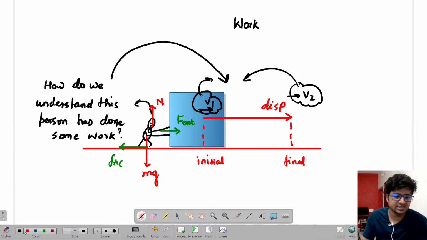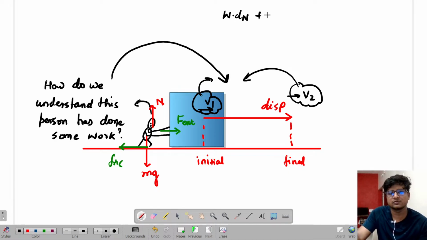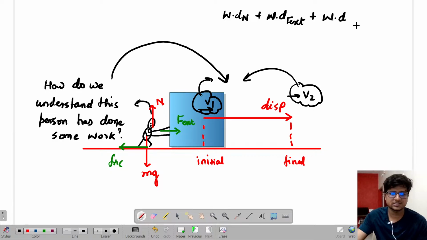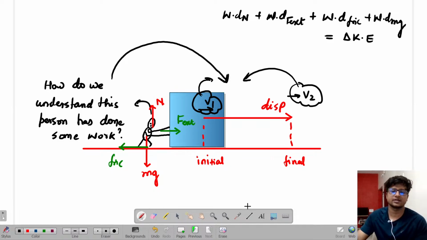So work energy theorem says that if I add all these forces, the work done by normal plus work done by F external and so on, ultimately the physical change I saw was just a change in velocity. So this is why it is just equal to change in kinetic energy, nothing else.